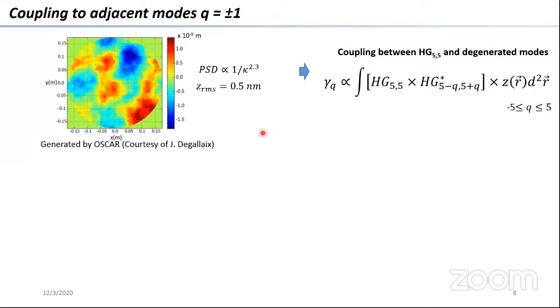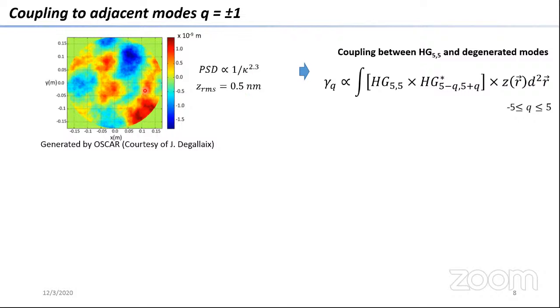First of all, we consider a mirror with a map with some imperfections generated by the software Oscar, which follow a PSD that follows the law 1 over kappa to the 2.3 with an RMS value of 0.5 nanometer.